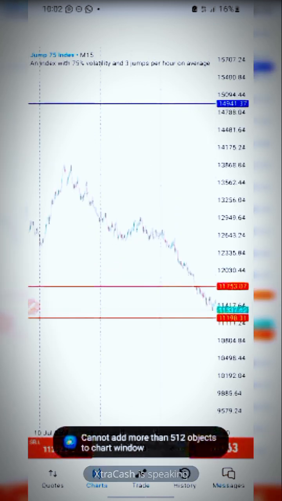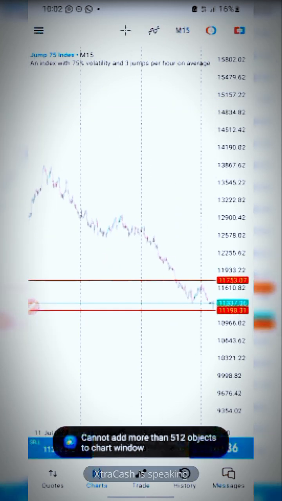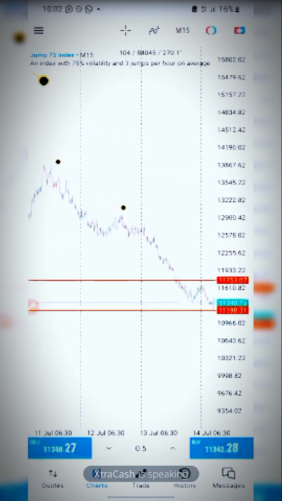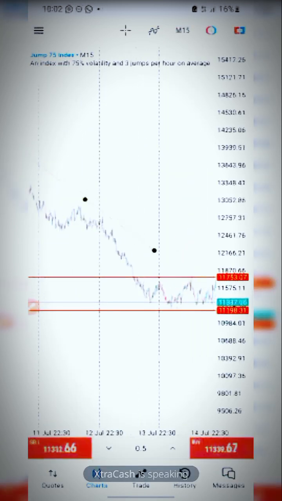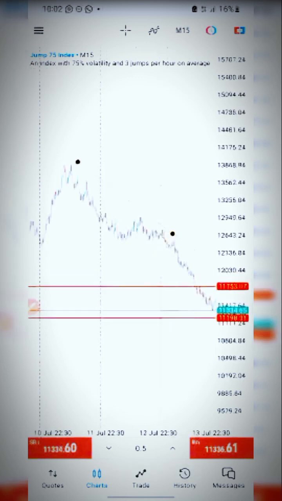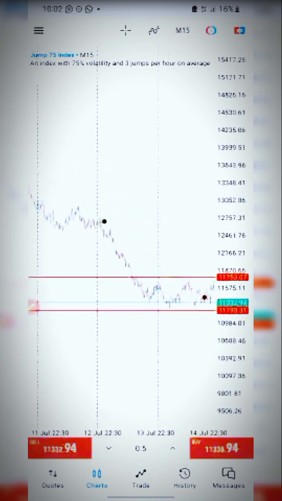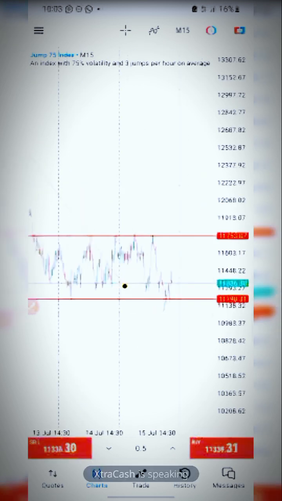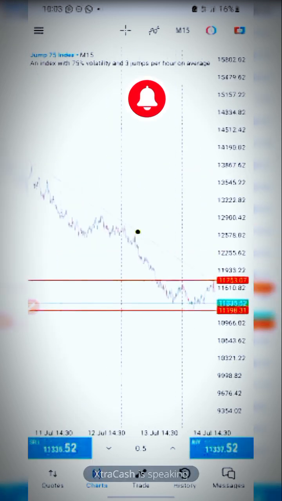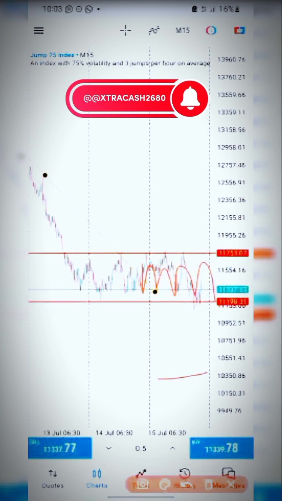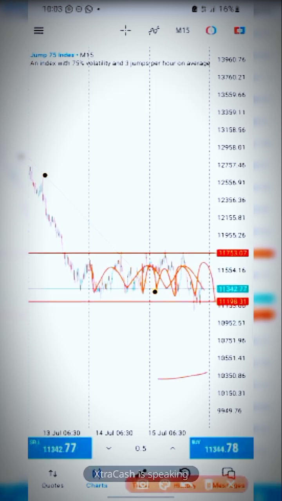So you use all this to, even looking at this, market was trending before it got to this place and started ranging. So market was trending before it changed, it decided to range. It's a ranging market now.